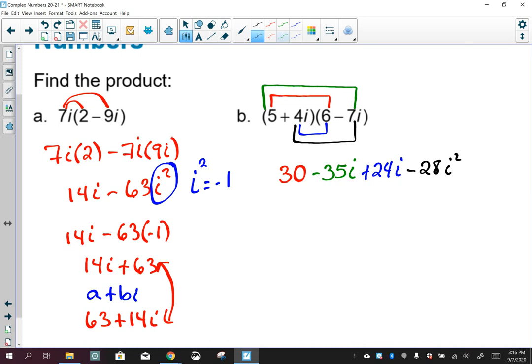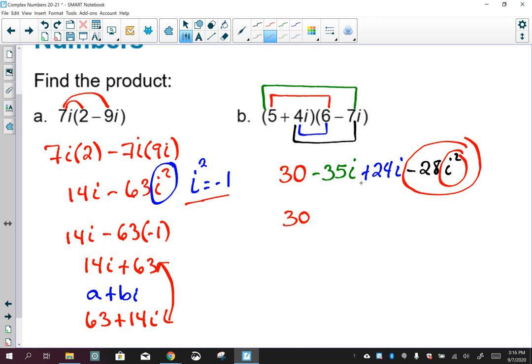So now, with that being said, what we have to do now is that we can't leave it like this. So we have to take this piece right here, and we know, again, that i squared is negative 1. So I have to fix this whole back piece right here because you can't have multiple i's in here together. So I'm going to clean this up some. So we'll go 30.